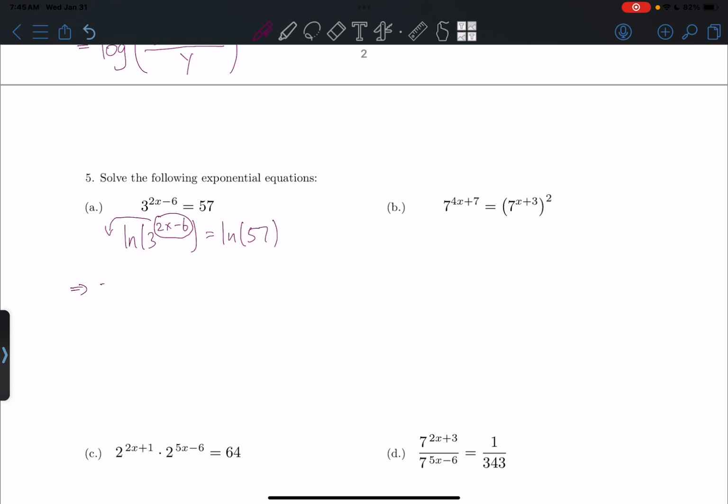So I have 2x minus 6 times ln of 3 equals ln of 57. So all I have to do here is divide by ln of 3 on both sides. Plug that into the calculator.